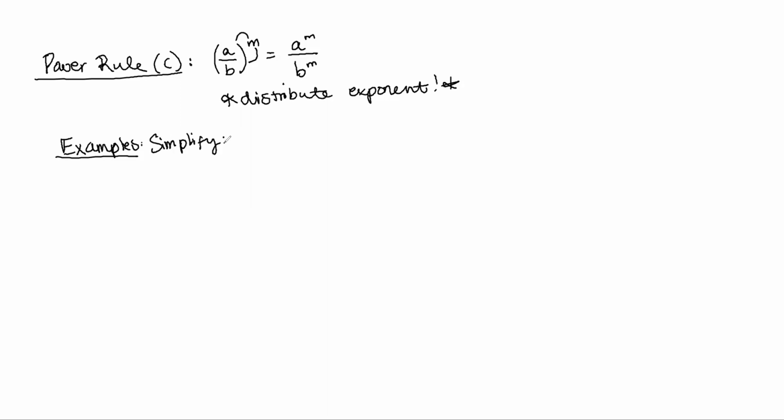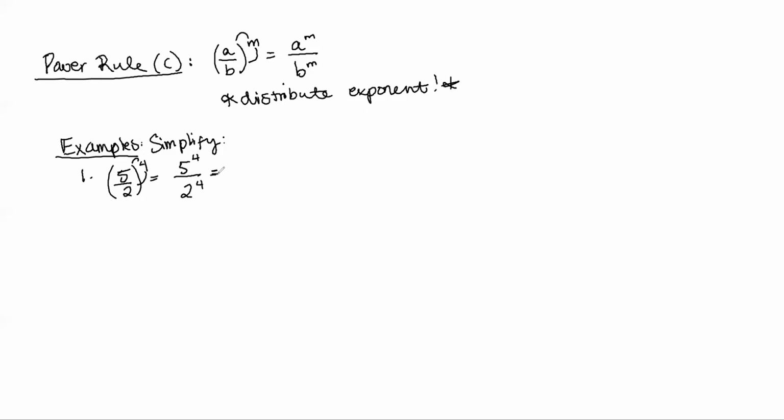Number 1, we're given 5 over 2 to the 4th. So for this one, instead of taking 5 over 2 and writing it out times itself 4 times, we can distribute this exponent in. So we have 5 to the 4th over 2 to the 4th. 5 to the 4th is one of those where it's kind of on the border.